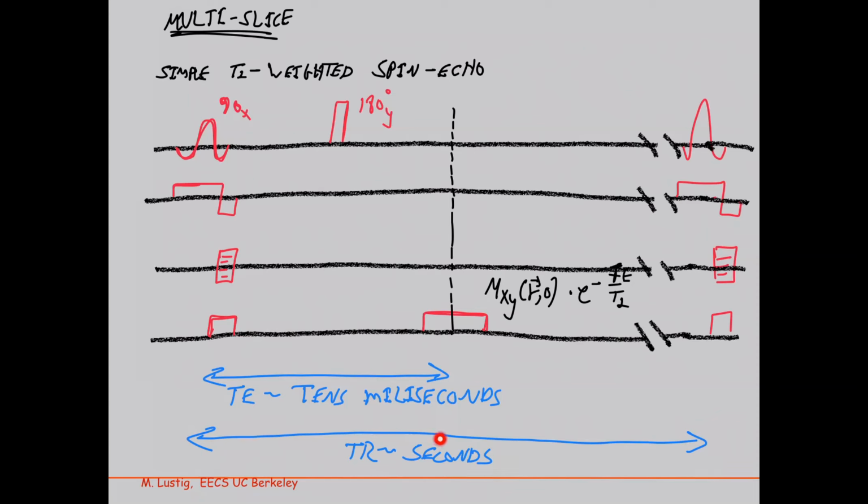Like you have to wait till the magnetization recovers. So before you repeat the next one, the next phase encode, you have to wait a few seconds. Maybe 3 seconds, 4 seconds. Okay, so that is a long time. Now, over 3 seconds, you're spending maybe 8 milliseconds reading?